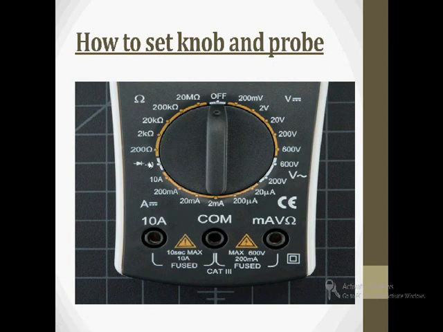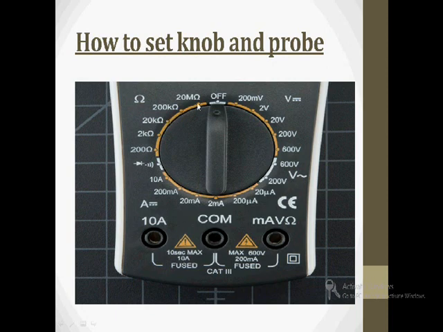What if that resistance has a higher value? In that case our multimeter shows infinity, which is displayed as 1. If it is showing 1, it means that the value is more than our selection value. So what we will do, we will increase the selection and keep increasing until we get the right value.